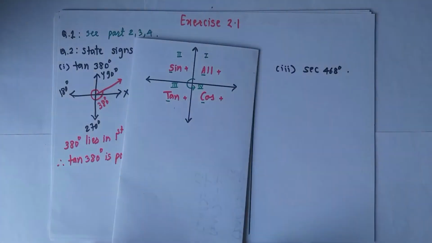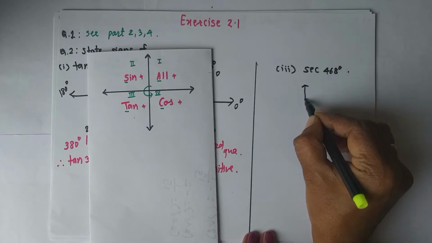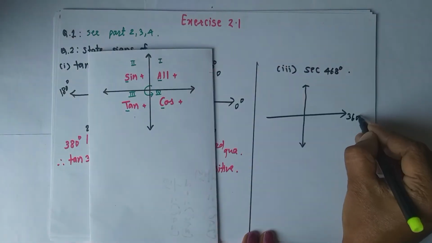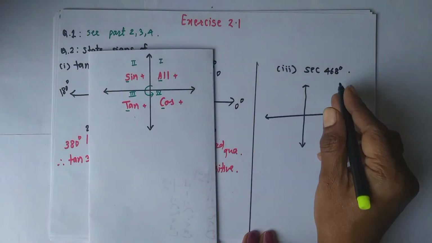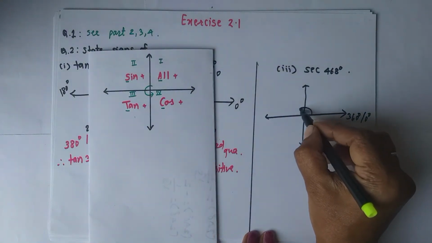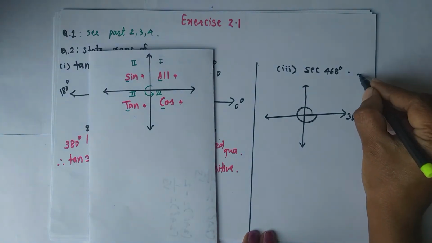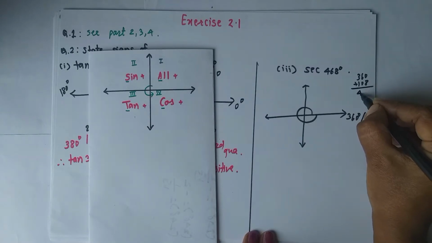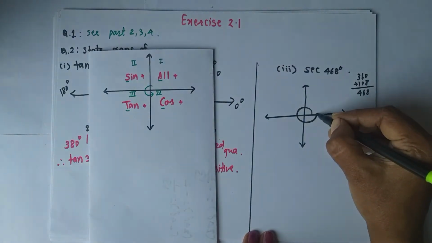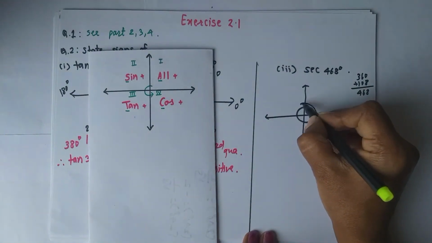Then we will find the third, that is sec 468 degree. Again you draw the rough diagram. After one complete rotation, here is 360 degree. The angle is positive, so rotate in the anti-clockwise direction, here is 360. To 360 degree, if I add 108 degree, then I will get the angle of 468. Okay, here is the 90, then 108 means somewhere here.